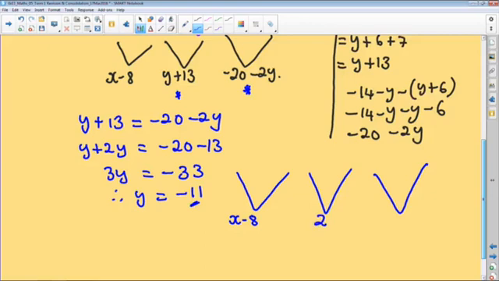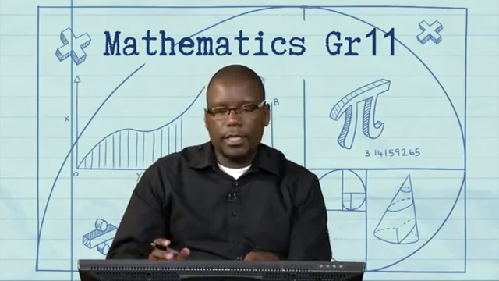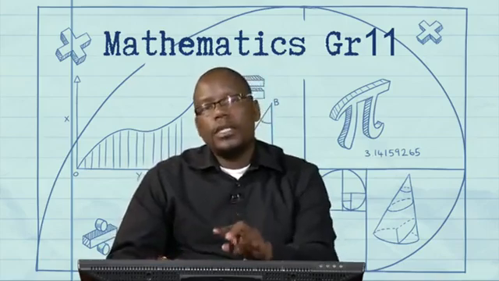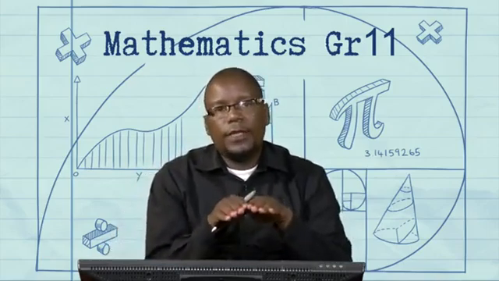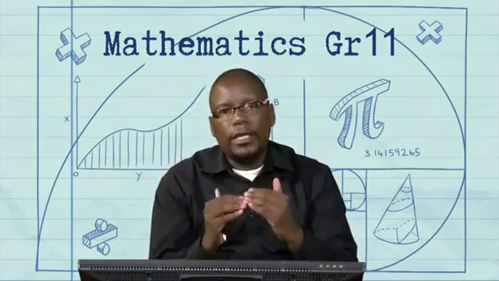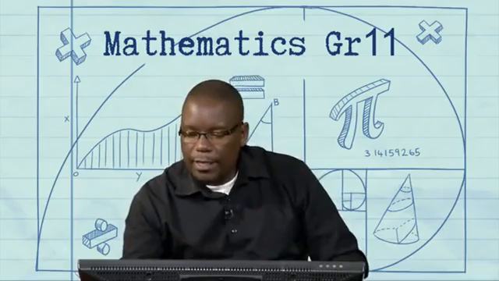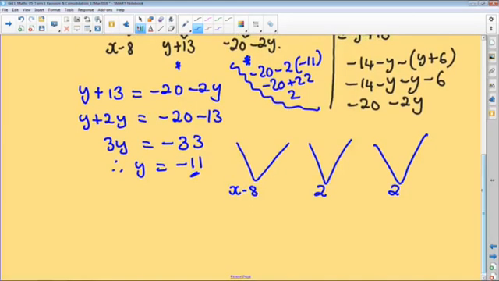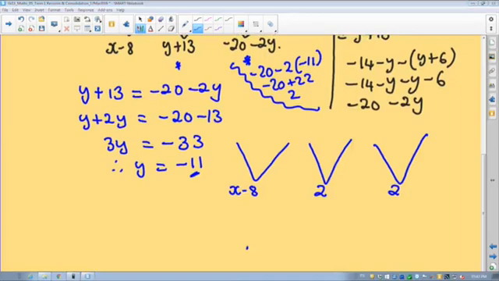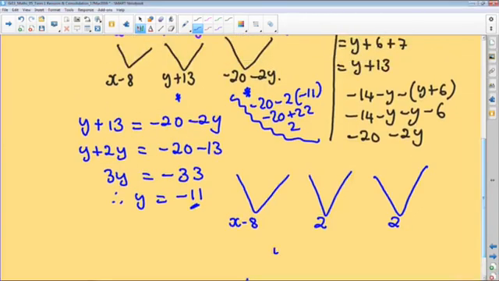Now, if you substitute here, you've got minus 20 minus 2 bracket minus 11, which gives us minus 20 plus 22, and then you've got 2 there. Now, guys, if you check, you've got x minus 8, 2, and 2. So in other words, your second difference, which is constant now, is 2. All right? So you have answered the first part of the question, which is the second difference equals 2.